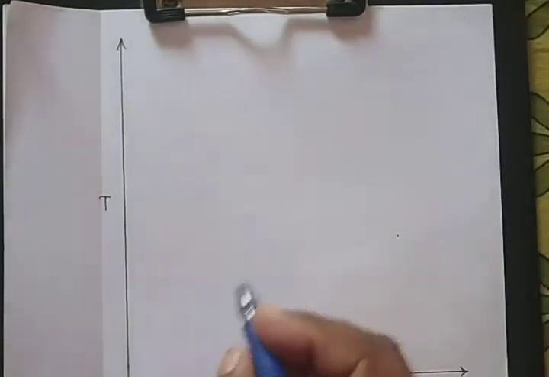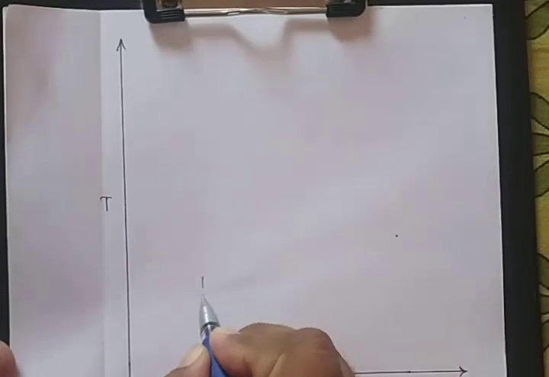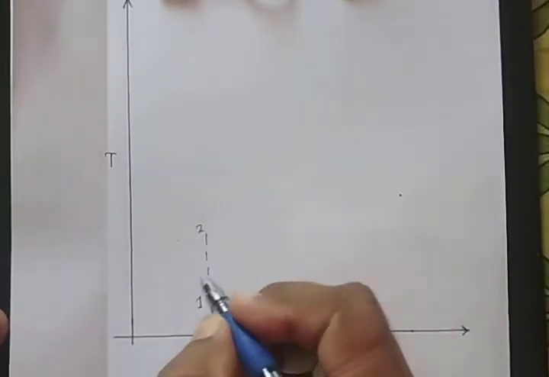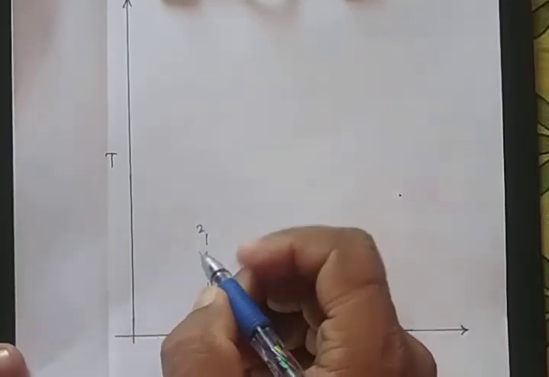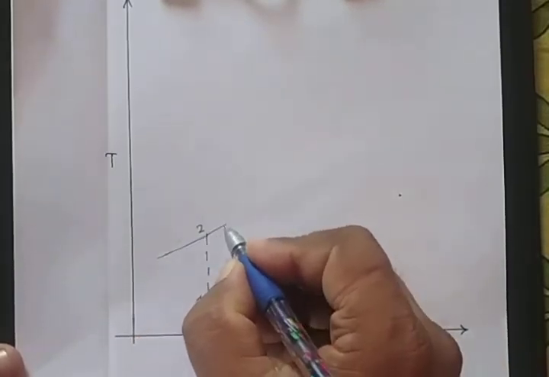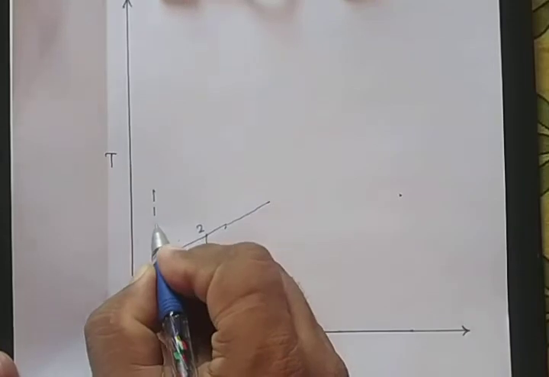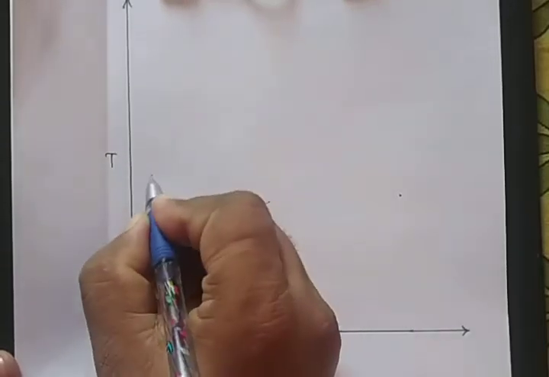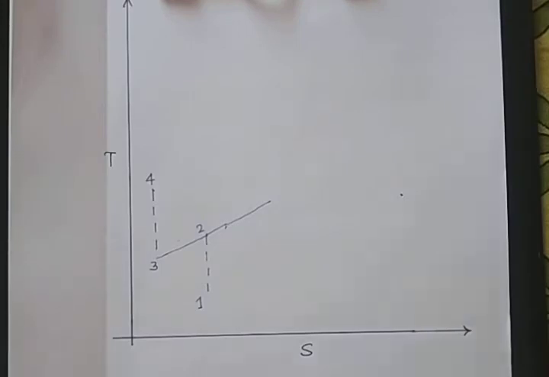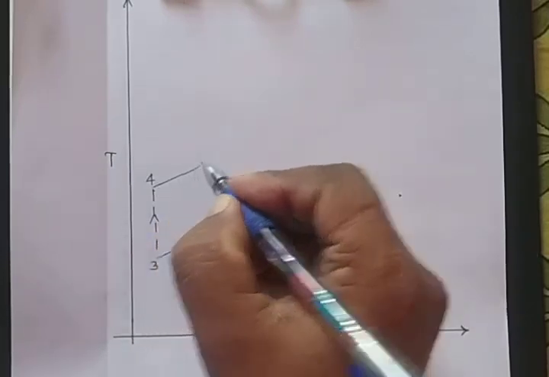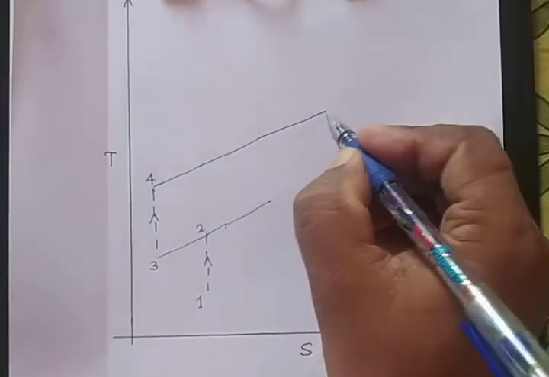Then what it says, it consists of two stages of compression. So I will mark the first stage of compression with a dotted line, that is 1 to 2. Then you are using an intercooler, so I will show a thin line with the intercooler, and then again from 3 to 4 you have compression, that is ideal, adiabatic or isentropic compression. And then from 4 again you have heat addition at constant pressure.